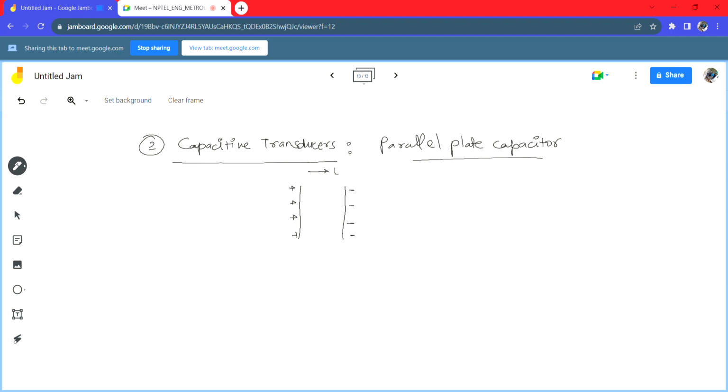So we have a flow of electric field over here, and if this material is filled with the dielectric, with the dielectric constant of say epsilon naught, we can say that this particular setup forms a capacitor whose value is epsilon naught A upon D.